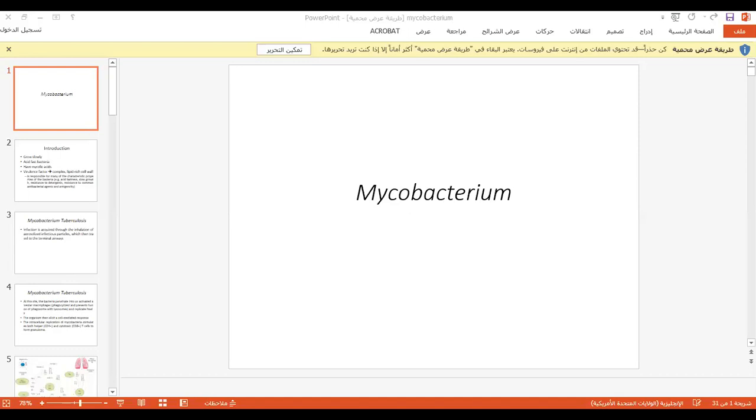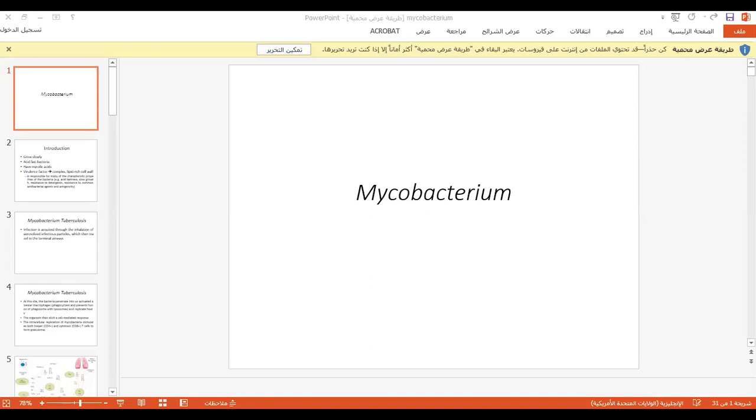Mycobacterium is a very important medical bacteria that causes a wide range of infections and life-threatening disease. This bacteria is present in the environment, in soil and water.